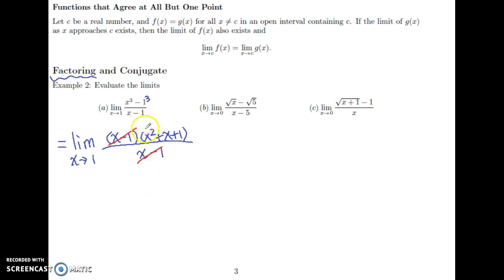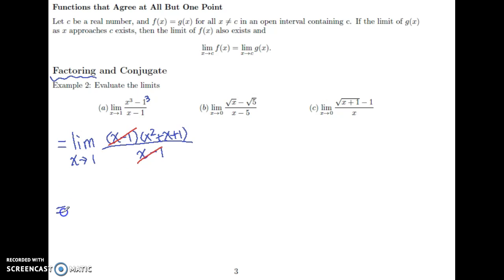Once canceled, we have x squared plus x plus 1 remaining, and that expression is equivalent to x cubed minus 1 divided by x minus 1, except at x equals 1. Then we can apply the theorem above and evaluate using direct substitution.